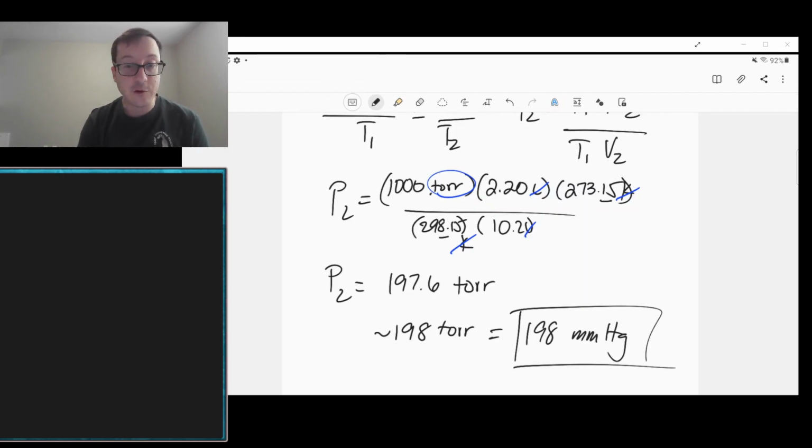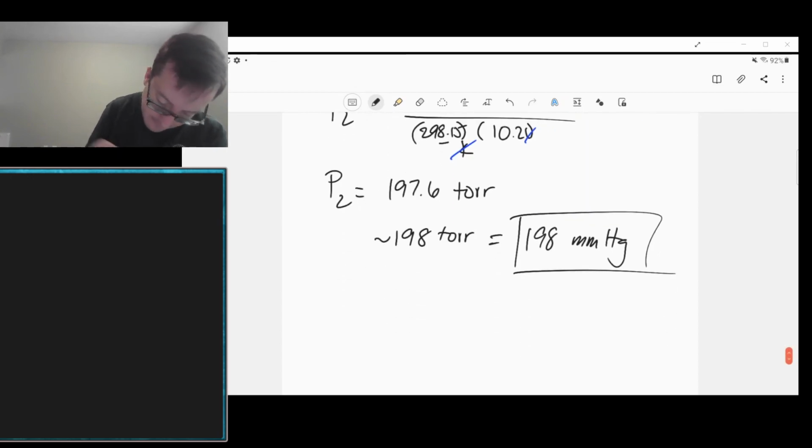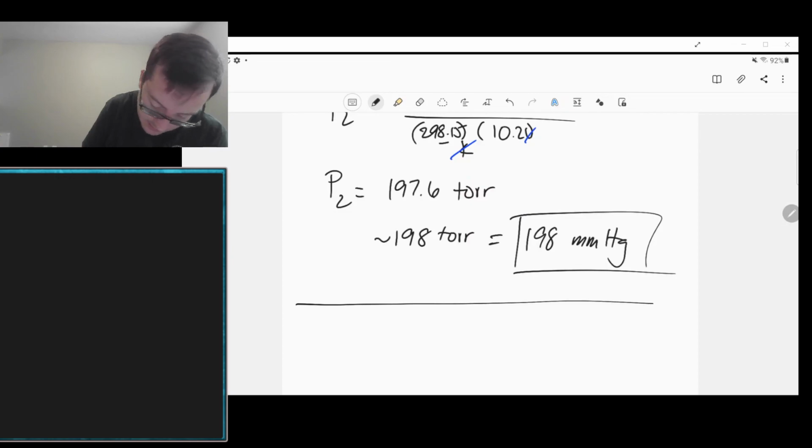So we have a few more things we can do with this equation. If we wanted to put molar mass into the equation, we can figure out the density. If you guys really care about the derivation, I can talk about that, but let's just talk about density.